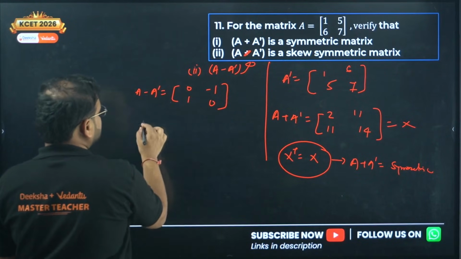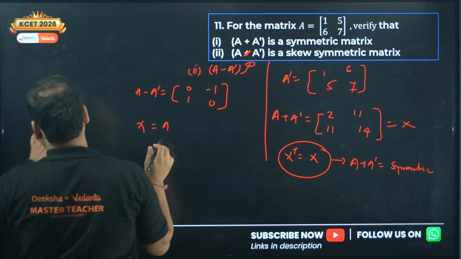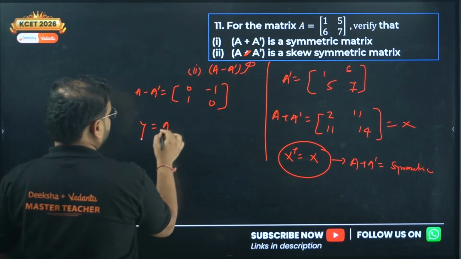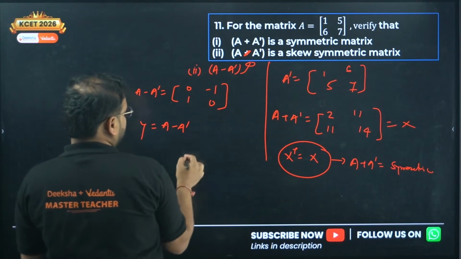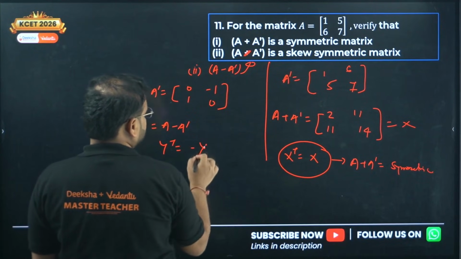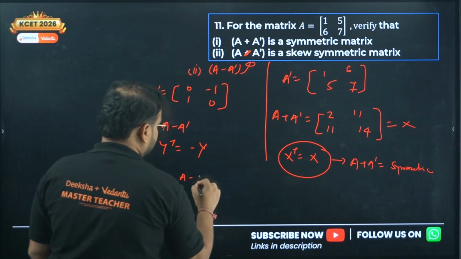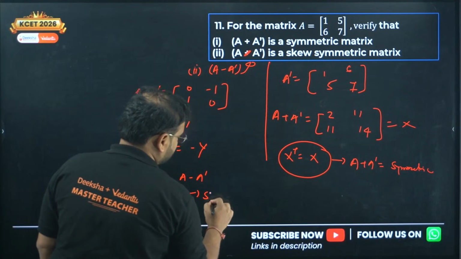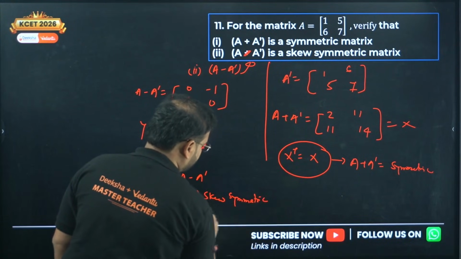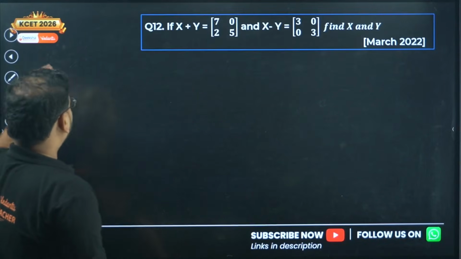If you check carefully, this is nothing but your matrix, sorry, not X, in this case let's take this as Y. So Y equals A minus A dash, then Y transpose is simply minus Y. Therefore Y equal to A minus A dash is your skew symmetric form. Simple question.